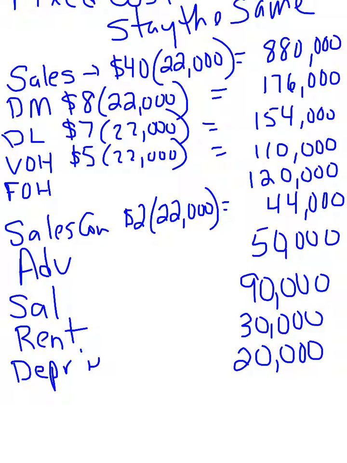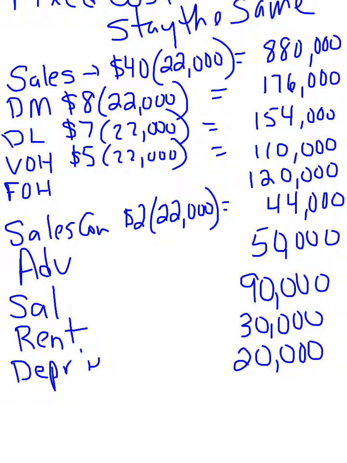When we look at our salaries, it says that those are fixed. So for salaries, the amount that we would use for this flexible budget would be $90,000. If we look at rent, because it's fixed, it would be $30,000.